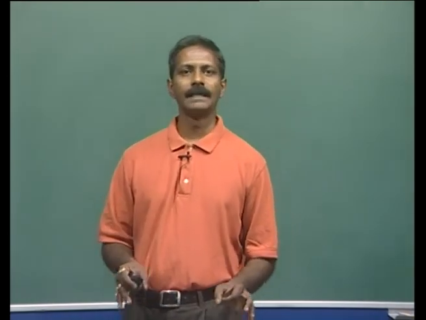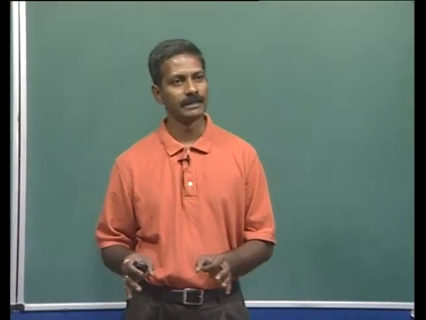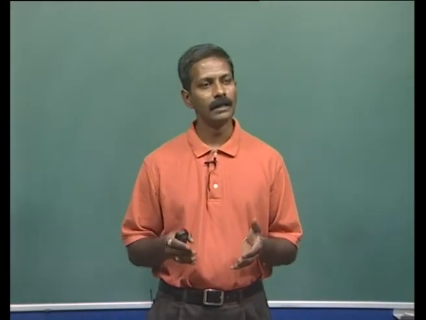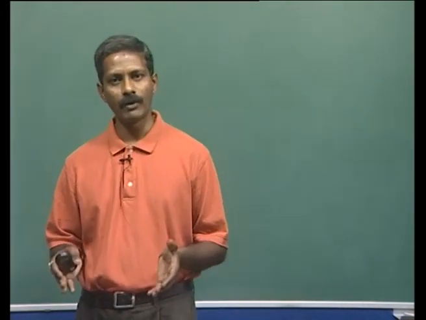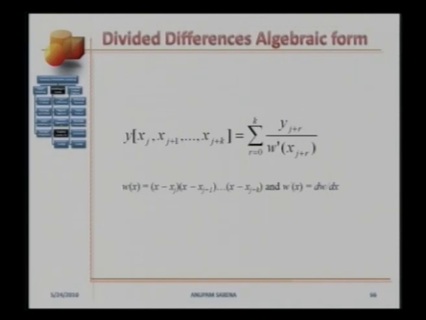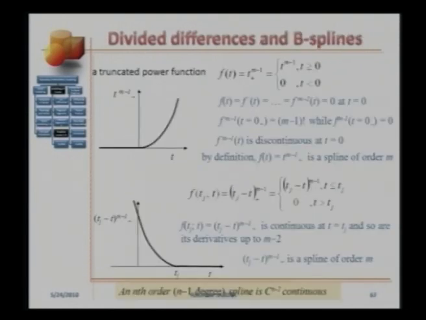Anyhow, we figured that the polynomial way of computing B-spline basis functions was a little tedious. We wanted a little more formal way of computing B-spline basis functions. For that, we started off with Newton's divided differences approach, and we considered the algebraic form, and we applied the Newton's divided difference approach to truncated power functions. Each truncated power function was a spline by itself. We had seen that.